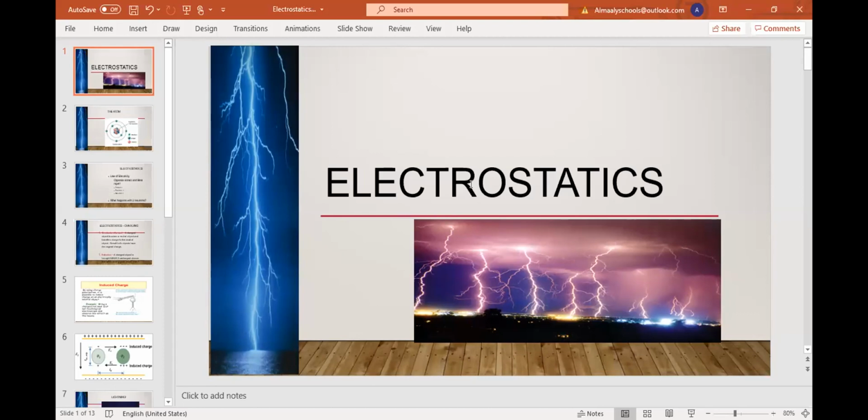In addition, we studied the difference between insulators and conductors, what makes a material a good conductor of electricity, and what makes a material a bad conductor of electricity.